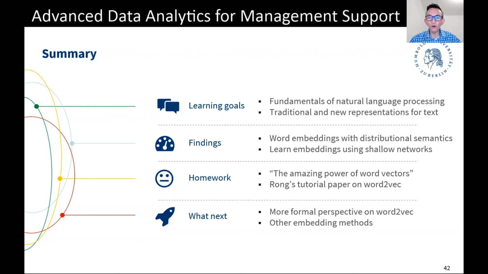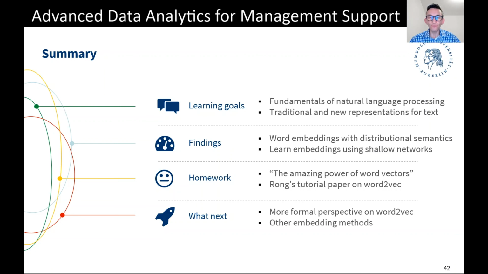You have seen how Word2Vec allows you to create word embeddings that fulfill the distributional assumptions and this distributional hypothesis. And you have seen that, interestingly, it requires nothing more than a shallow neural network, not even one with nonlinearity, in order to train these vectors.